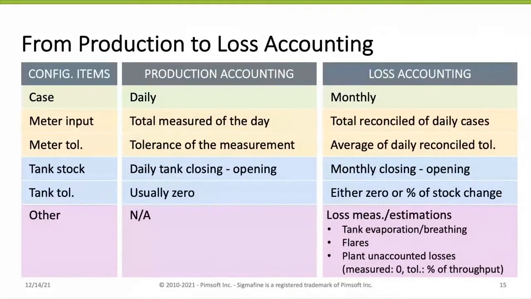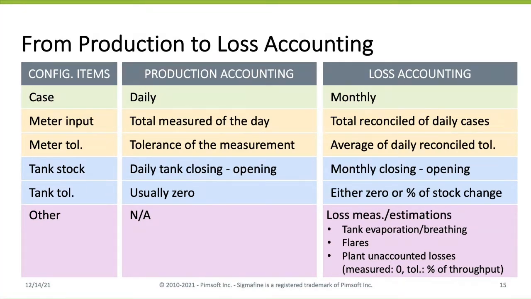So what does this mean in terms of Sigmafine modeling? Moving from production accounting to loss accounting also requires a shift in focus. In terms of time range, typically we move from daily to monthly cases. So the total amount of the measured value can be fed by aggregating the reconciled data of the daily cases, and also the tolerance can be set as the average of the reconciled tolerances of the months.